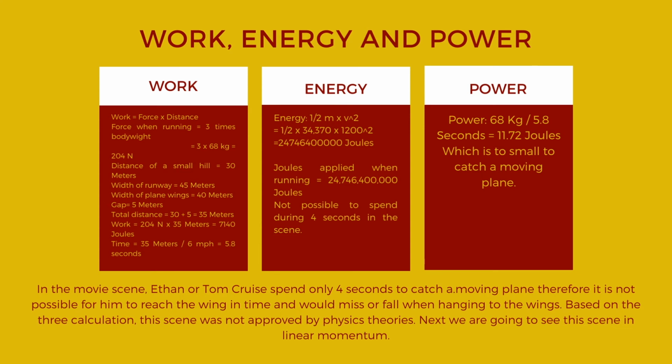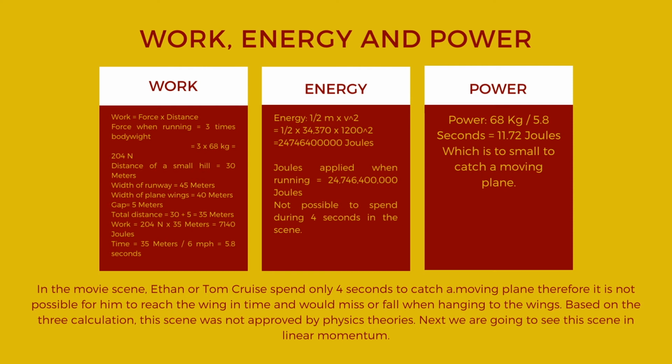You can take a look. The joules applied when running is 24,746,400 joules, which is not possible to spend during 4 seconds in the movie scene. So again, you need more time to burn that quantity of joules.